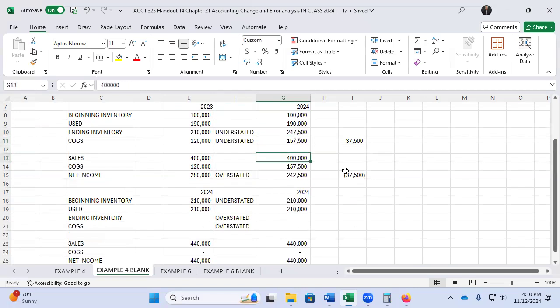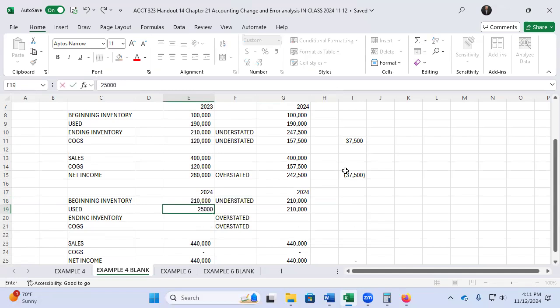I just had to pull some of these numbers. And if we assume sales and cost of goods sold, your net income would be overstated by that 37,500. Now, the beginning inventory is not corrected for 2024, so it pulls from there. And then how much we used, I'm just going to make it a different number, 250,000.